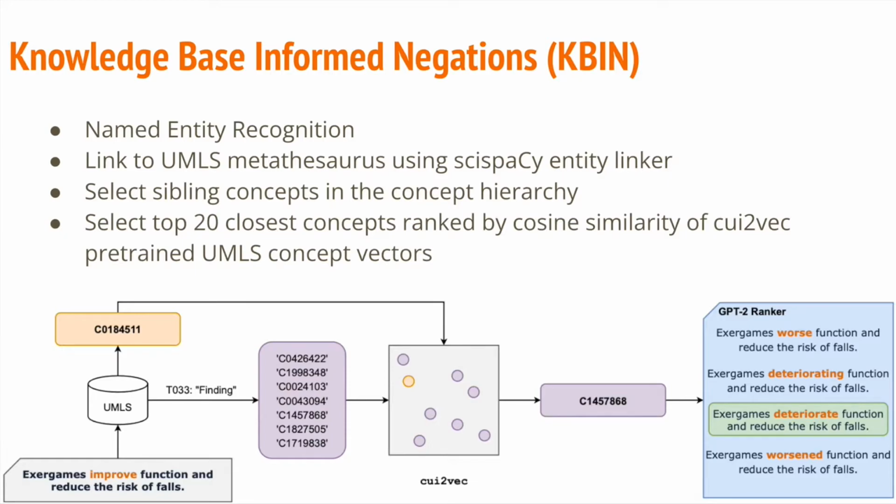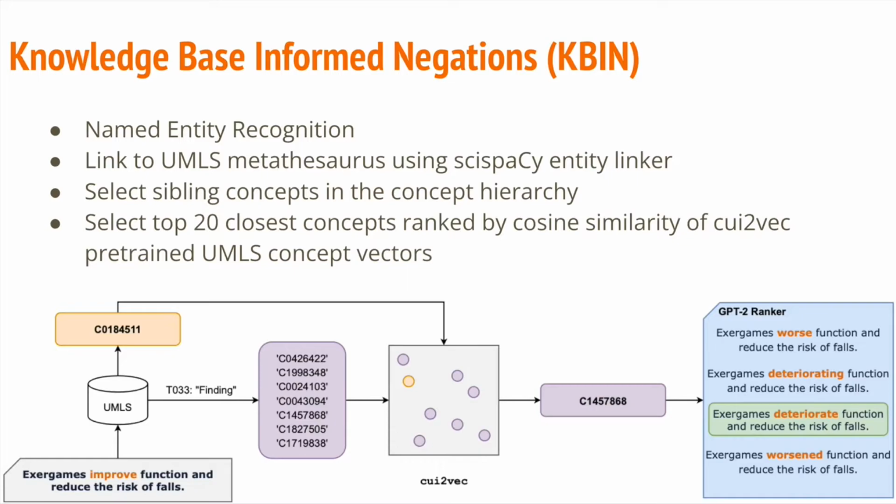First they perform named entity recognition, again, to extract the named entities in the claims. And then they link the named entities to the UMLS Metathesaurus using the sciSpacy entity linker. Remember UMLS is a hierarchical structure.